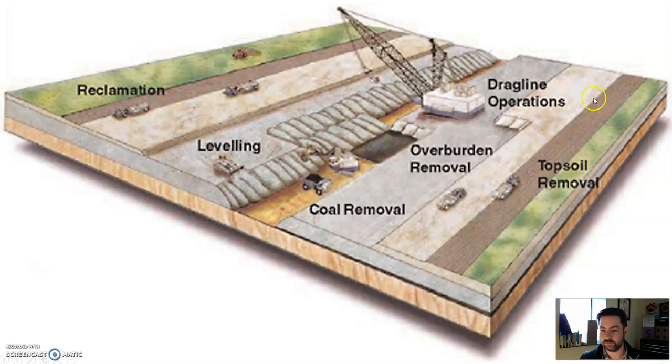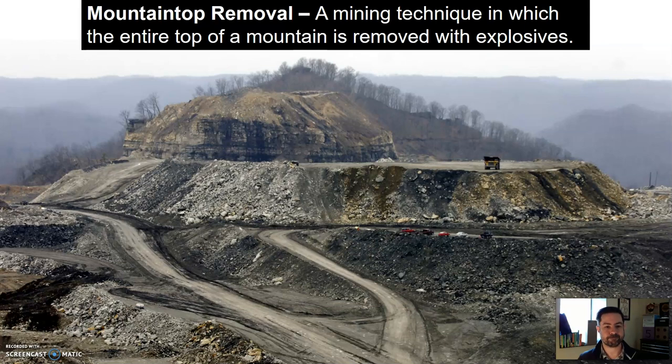You keep moving this stuff to get to the coal. Any of that stuff that you take away from here, you put it back over here, and that land becomes reclaimed. It's definitely different than what it was before, but you're allowing the land to regenerate by recreating land on the other side.